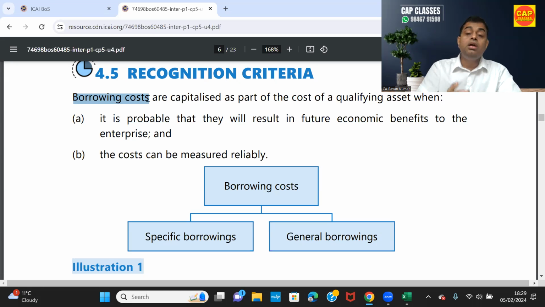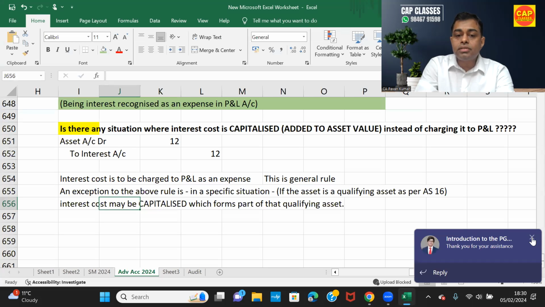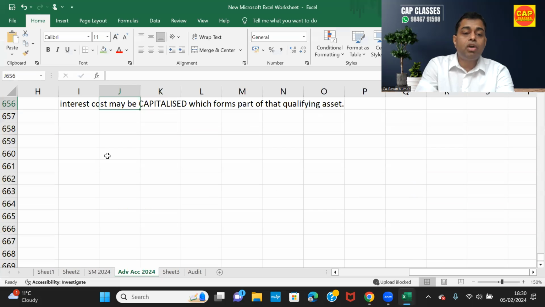Now, another very important concept here: borrowing costs are of two types, specific borrowings and general borrowings. The accounting treatment for both specific borrowings and general borrowings is separate. There are two types of borrowings.